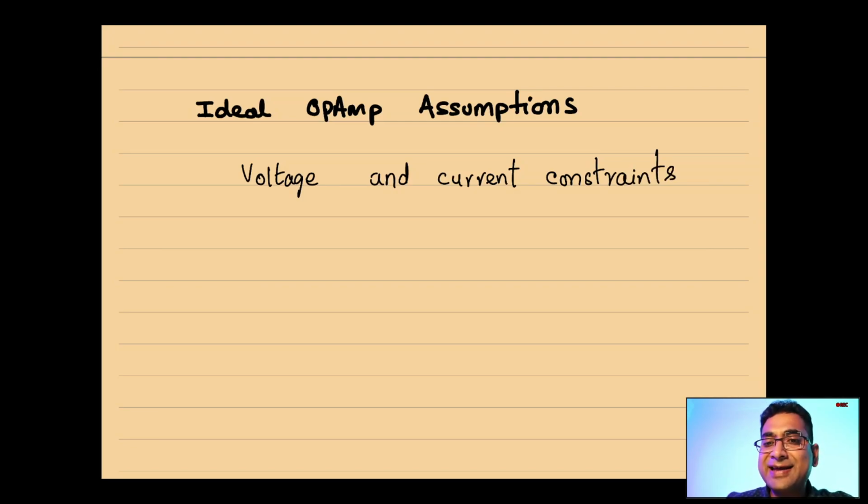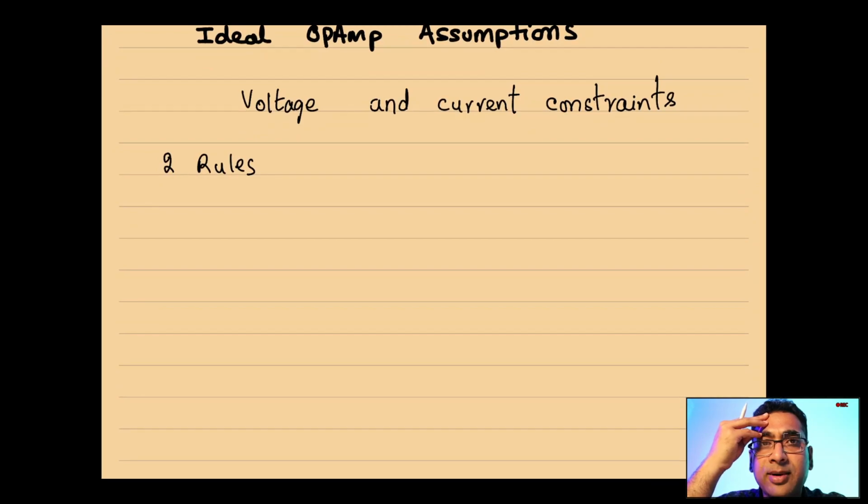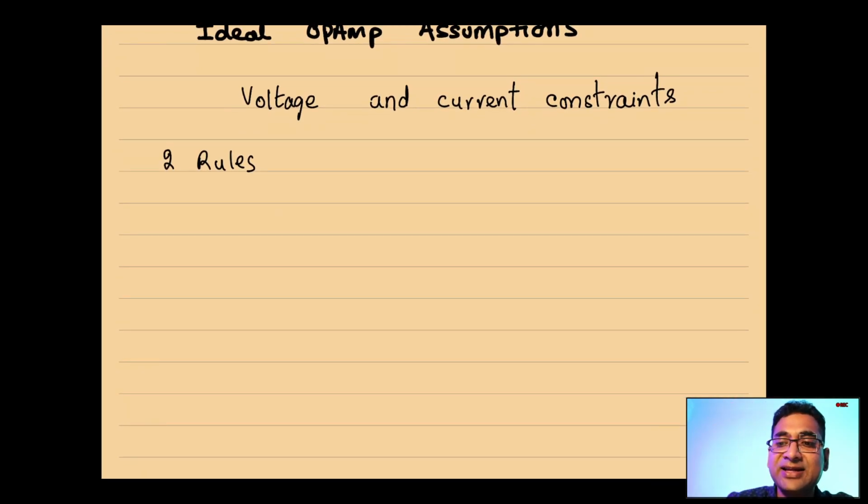What it really means is, I like to think of them as two rules. Two rules, that's all you have to follow when you are analyzing op-amp circuits with feedback. When you are ready to solve problems, just apply these two rules.